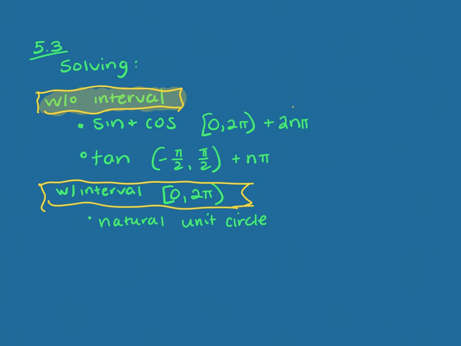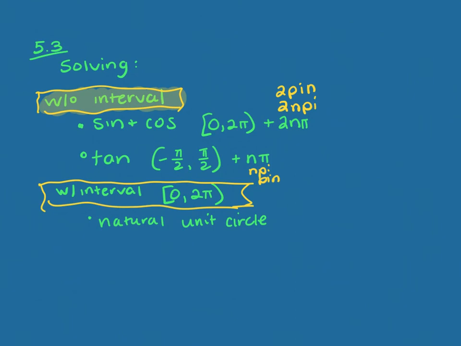On my typed versions, it's going to be 2n pi like that, or 2 pi n, okay? And then for tangent, we only use the right side, negative pi over 2 to positive pi over 2, and we add n pi, or again, pi n. You can use either one. No spaces on those answers.